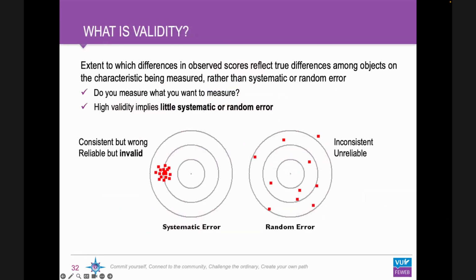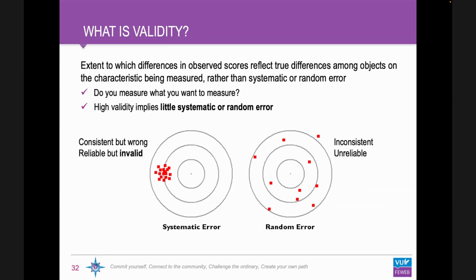In general, what is validity? Validity is about the extent to which differences in observed scores reflect true differences among objects on the characteristics being measured, rather than systematic or random error. What I measure, does that really reflect what I wanted to measure?